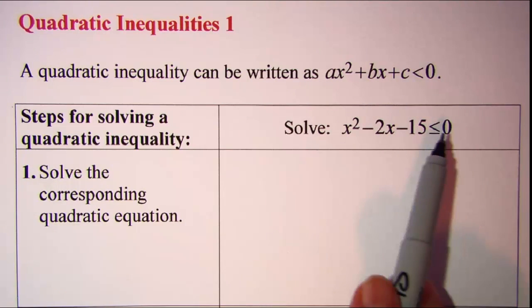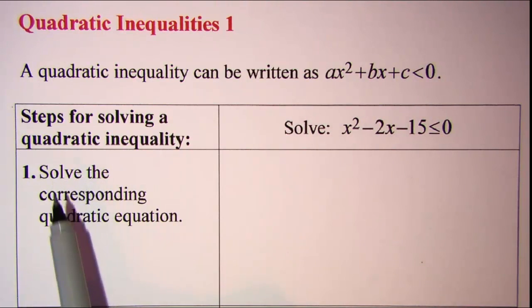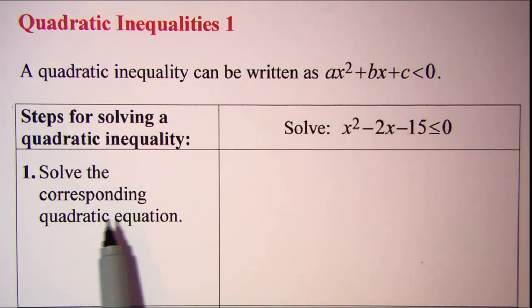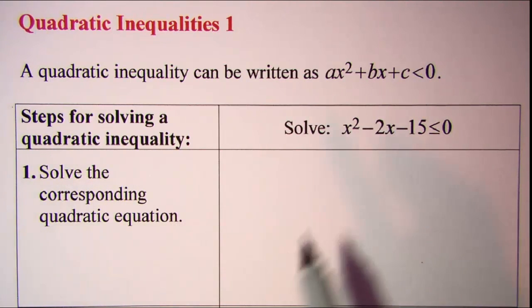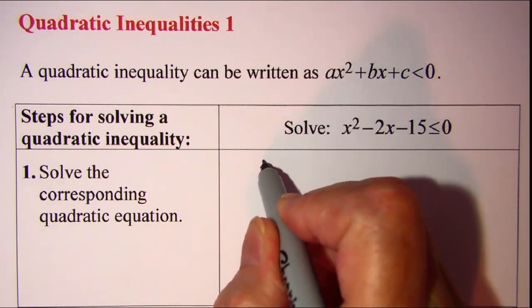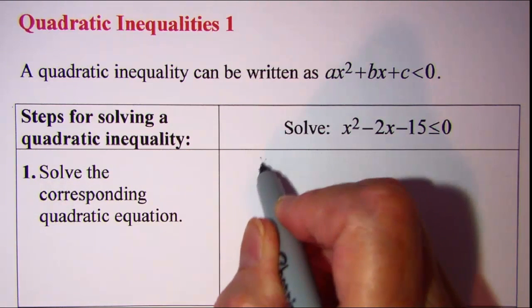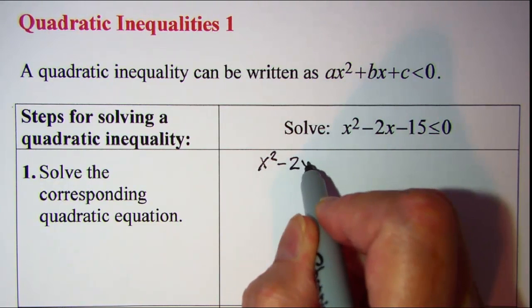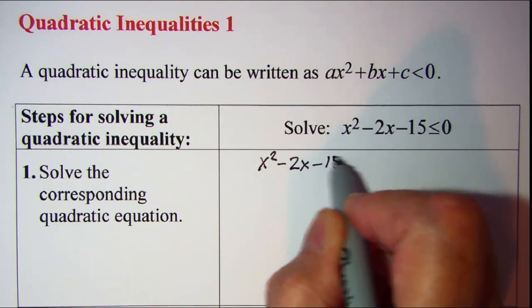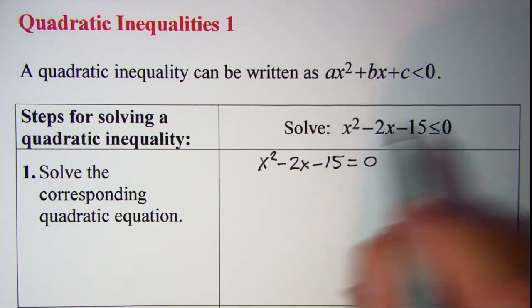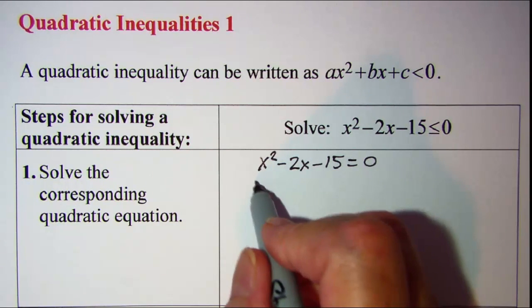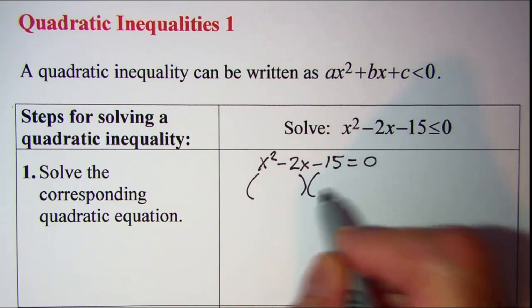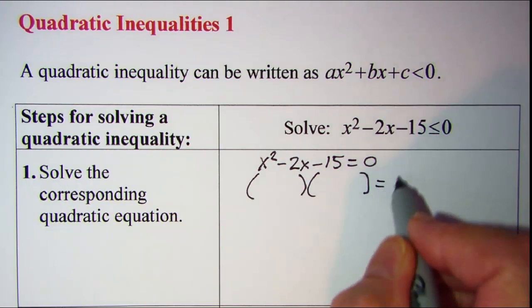Now our first step is to solve the corresponding quadratic equation. So our equation is x squared minus 2x minus 15 equals 0. Now this is factorable, so I will solve it by factoring.